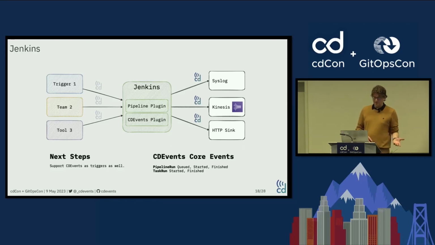The next step for the plugin will be to support ingesting events as well. Once you're able to do that, you could have different tools, different teams, or different types of triggers sending CDEvents to trigger a Jenkins pipeline, which then generates CDEvents. So you could even have Jenkins triggering Jenkins in a flow like that.